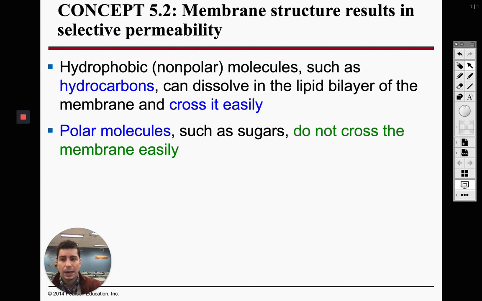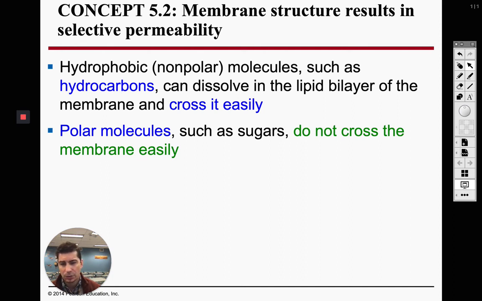Now, nonpolar molecules that are hydrocarbons, or small things like oxygen gas, are going to be able to pass through the cell membrane really easily. They can go straight in between the phospholipids. When we start adding other things to make them polar, that's when they are not going to pass easily.